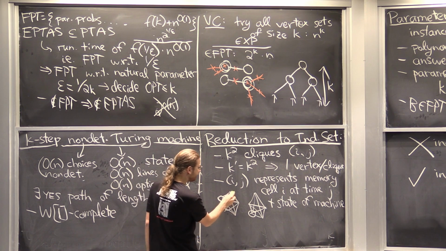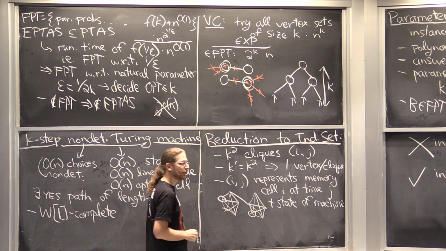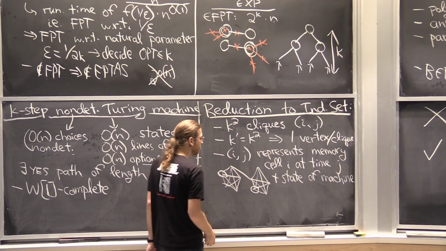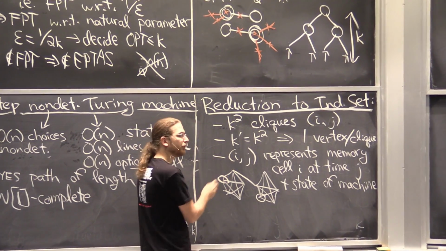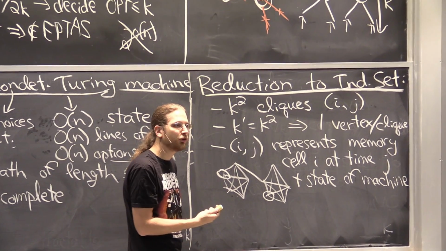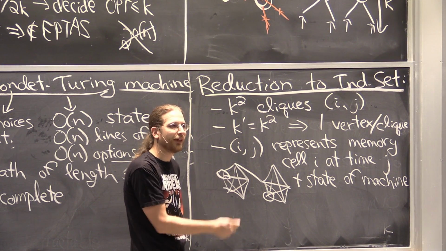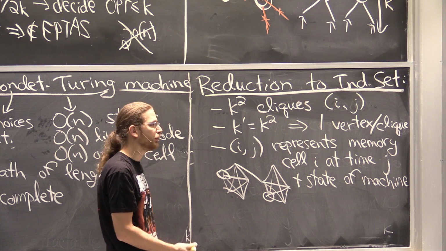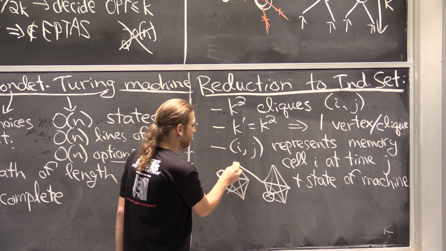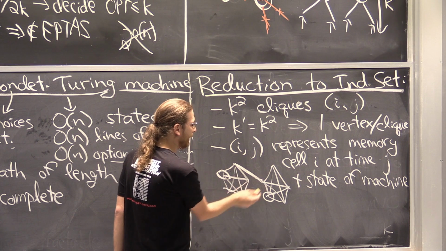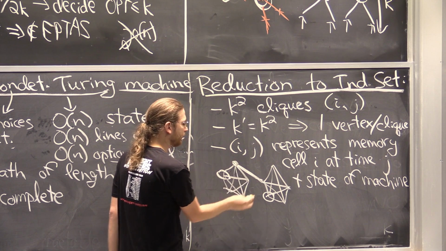And then the general approach is I'm going to add some edges between pairs of vertices to say, well, look, if this cell was this thing at this time and the state of the machine was move right, then you better not change what was on the cell at that time because nothing changed. You weren't here. So we can just forbid that by saying, well, here is one state.